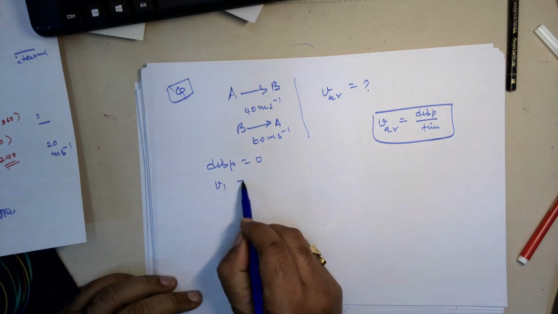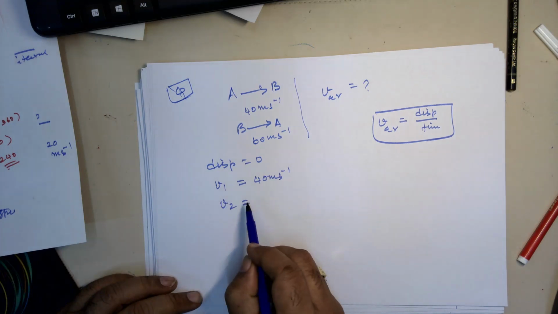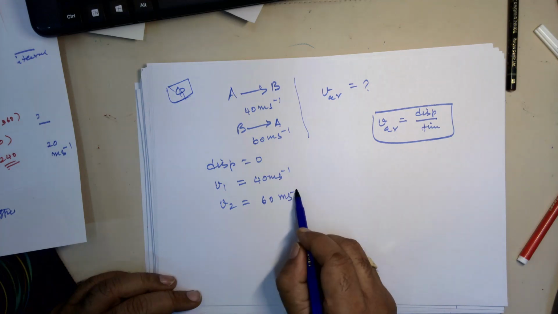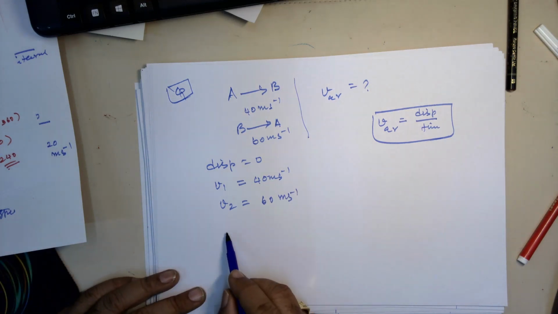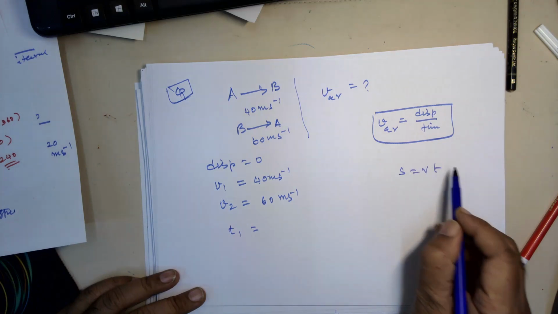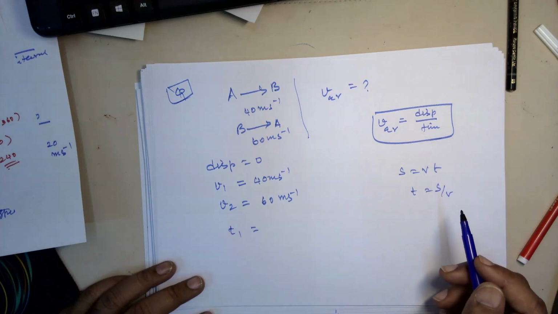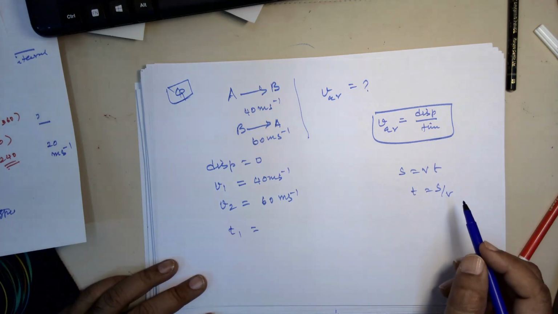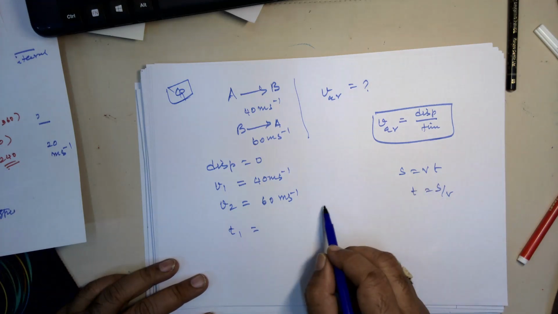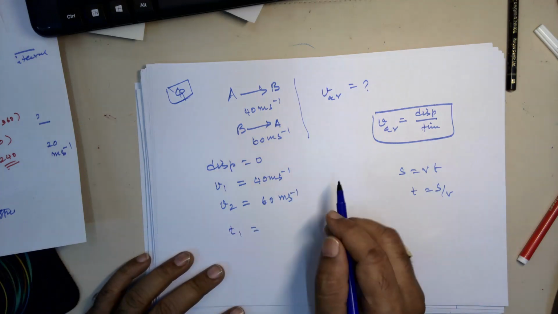V1 is 40 meters per second, V2 is 60 meters per second. Now T1: how to take T1? S is equal to Vt, so T is equal to S by V.